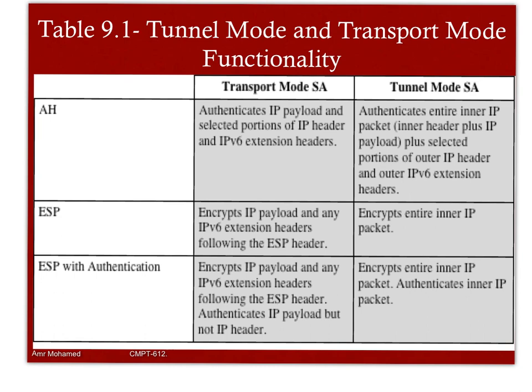For the tunnel mode, it authenticates the entire IP packet, including the original IP header, plus selected portions of the outer IP header and the outer IP header extensions. Of course, AH is included in IPsec version 2 for backward compatibility. ESP, in that case, provides only encryption.